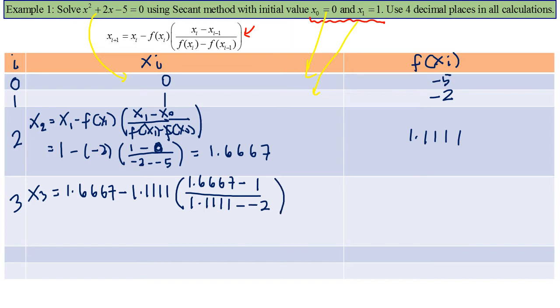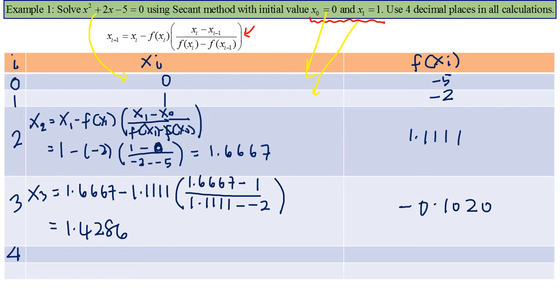So the answer is 1.4286. Be careful when applying the formula and using your calculator. Then substitute into f(x), you will get negative 0.1020. Then continue your work.